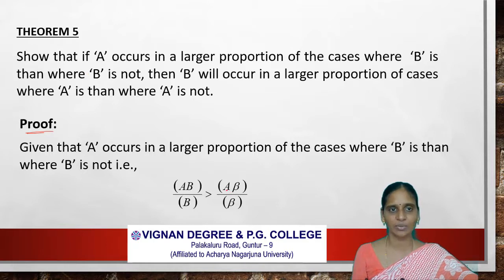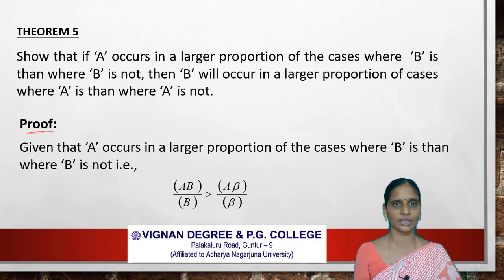That means frequency of A beta by frequency of beta. So the symbolic representation of the given condition is frequency of AB by frequency of B greater than frequency of A beta by frequency of beta.